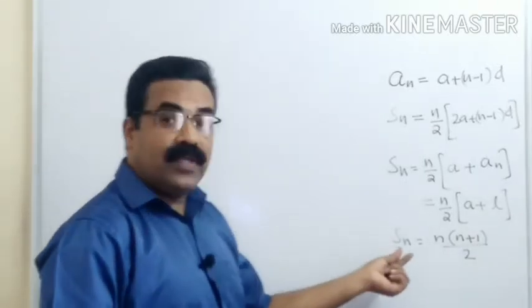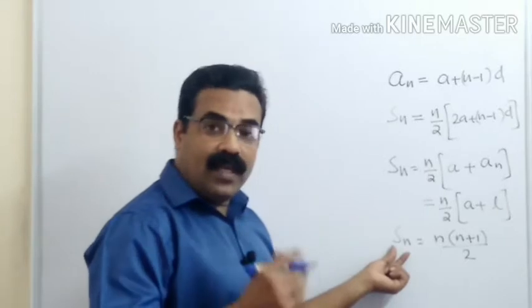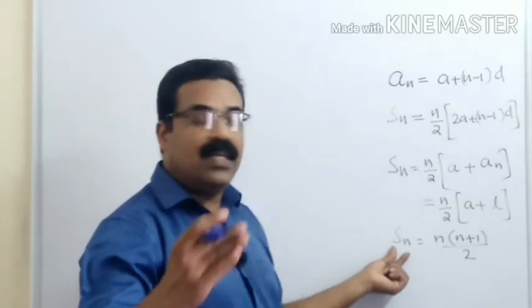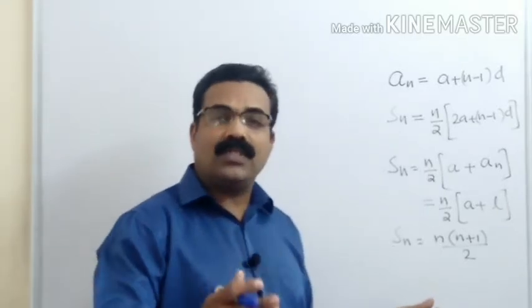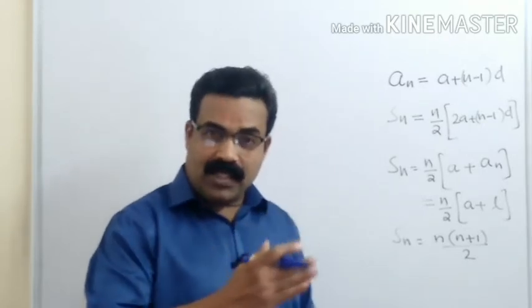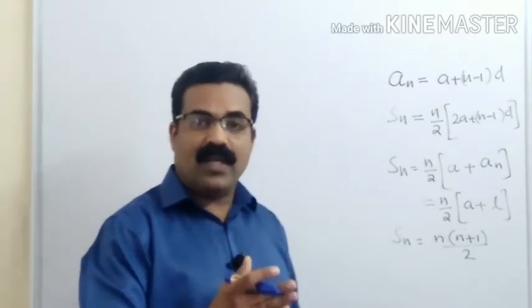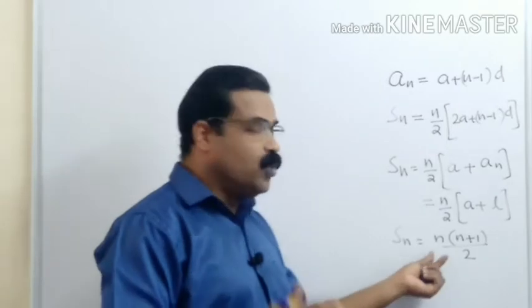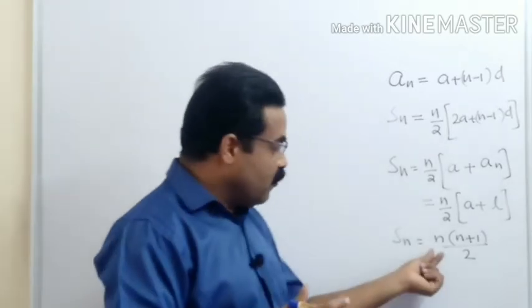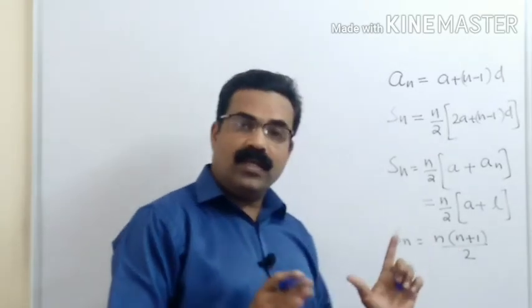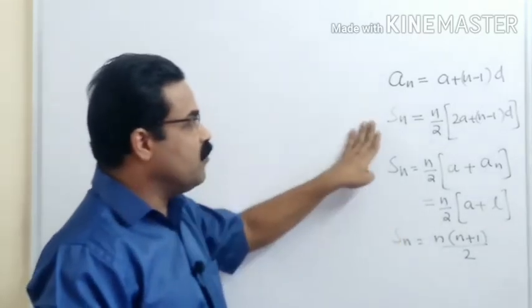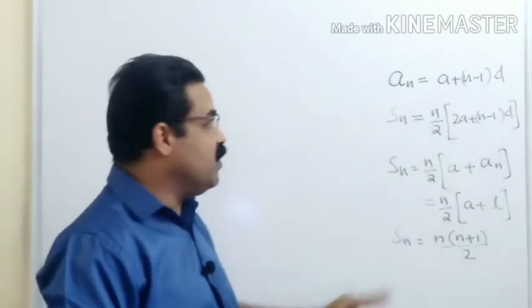Consecutive positive integers mean consecutive numbers, counting numbers, natural numbers up to n. The formula is given by n into (n plus 1) by 2. These are the important formulas we have learnt in the previous class.